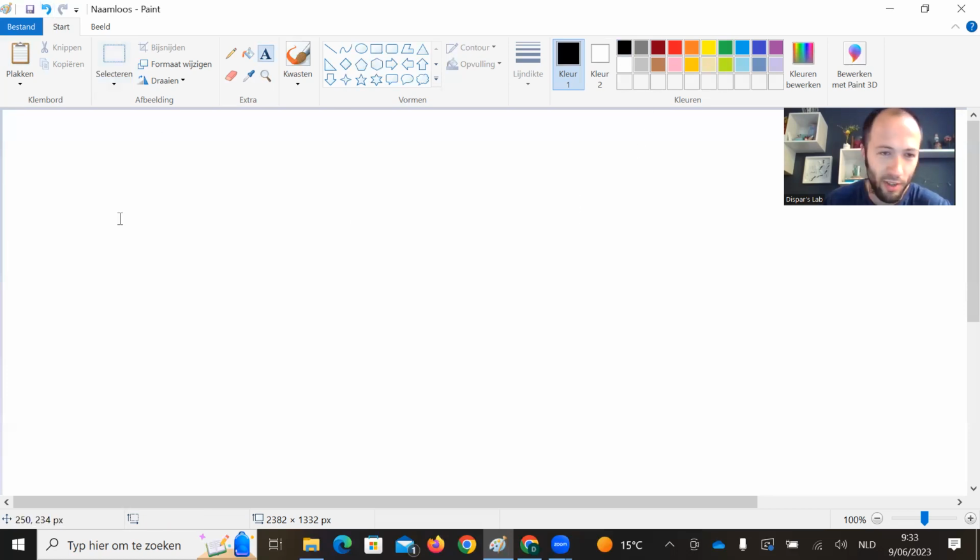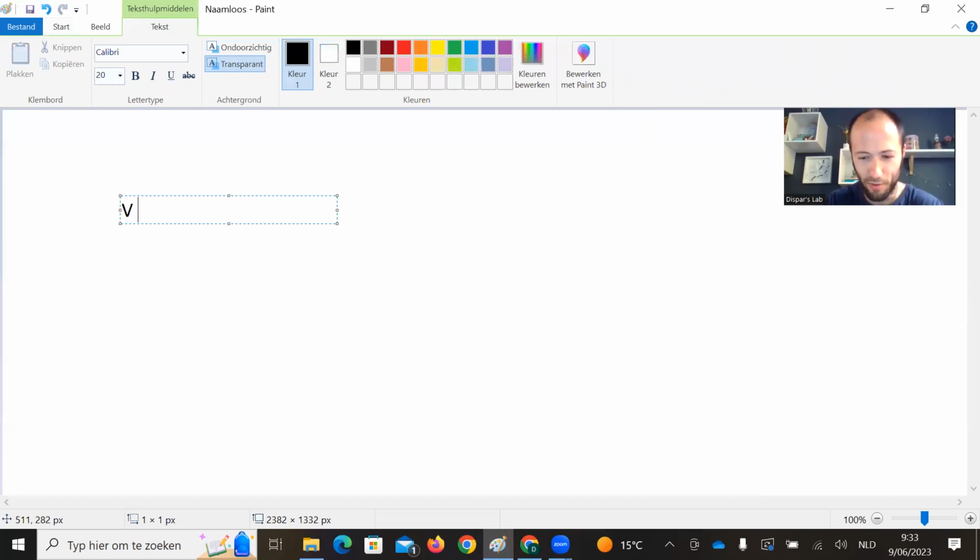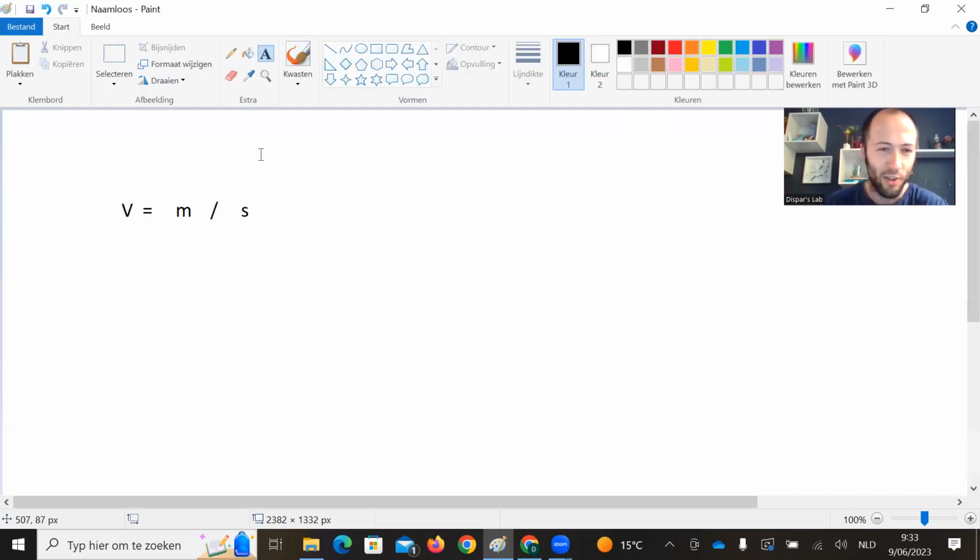Let's start with velocity. We'll always start easy. Velocity equals meters per second. So we have quantities and units. Let's take red color for quantity and green color for units. Velocity is a quantity, meters per second are units.